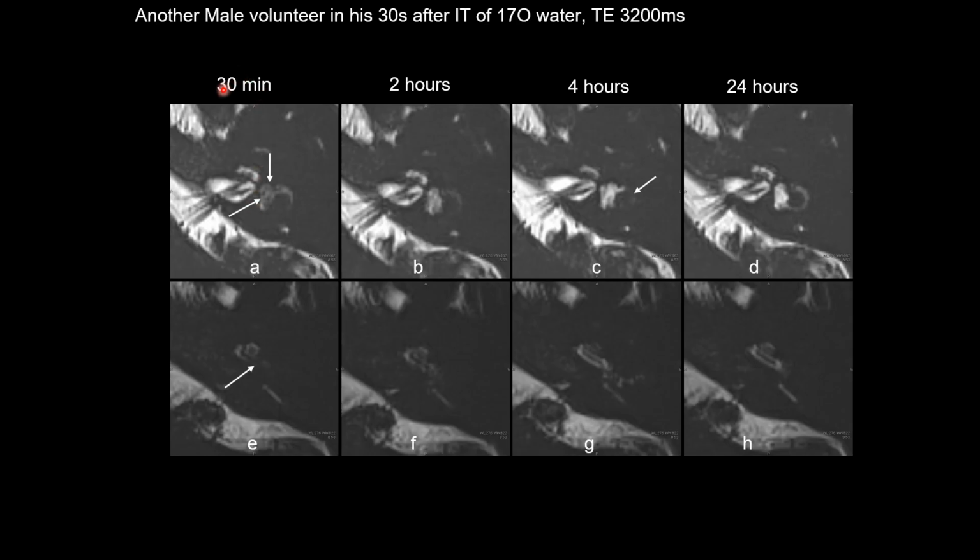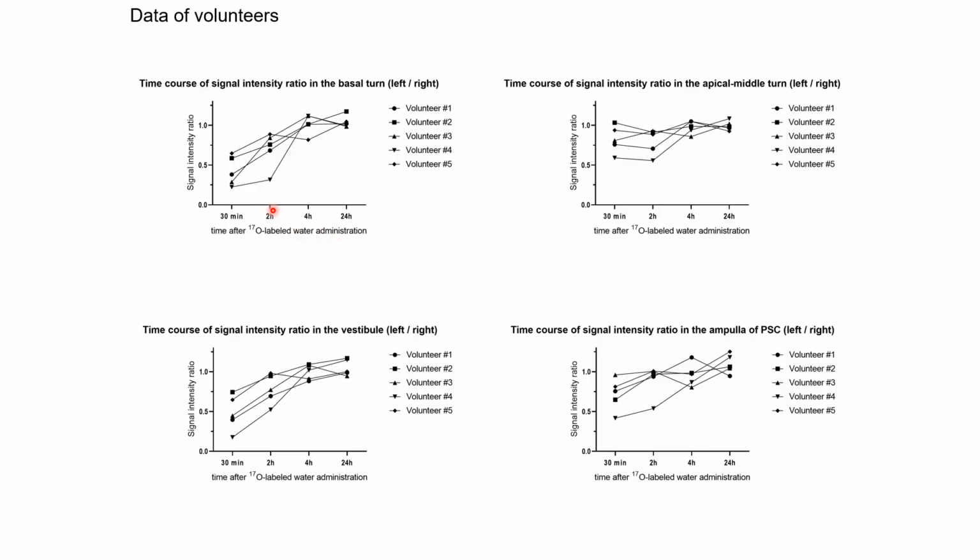This is another volunteer. In this volunteer, the permeation of O17 water is not so good, so the signal drop is very slight. After 2 hours, the signal almost recovers. And this is a signal intensity ratio time course. This is basal turn of cochlea.